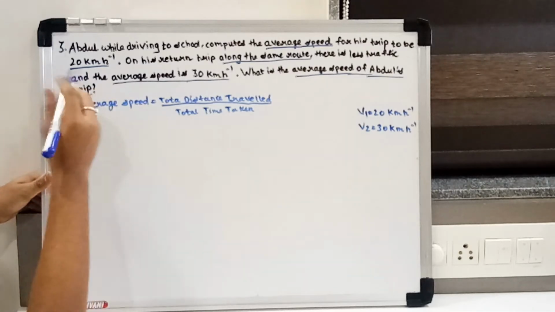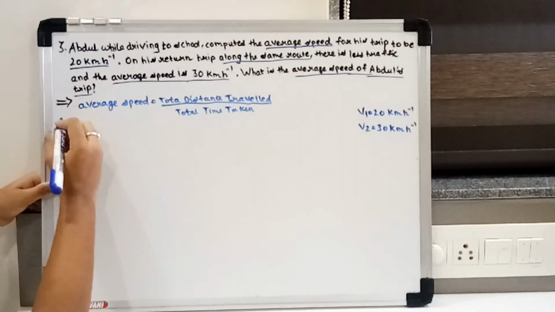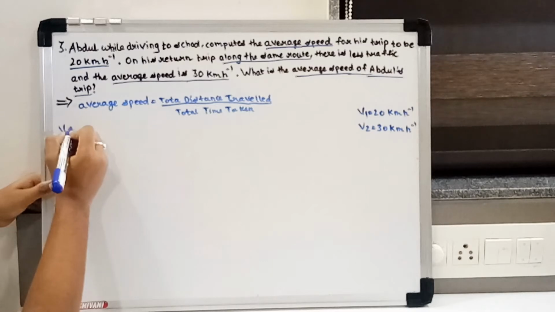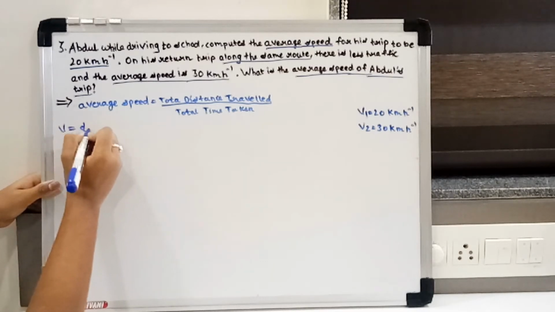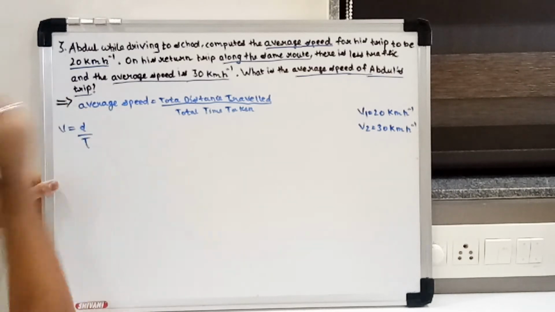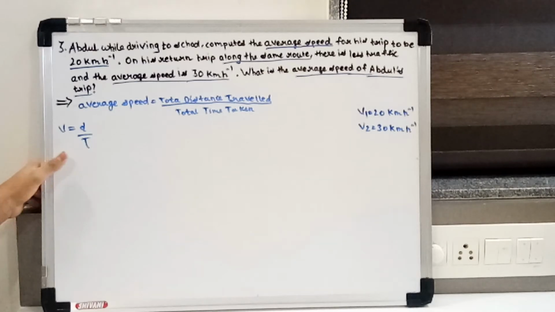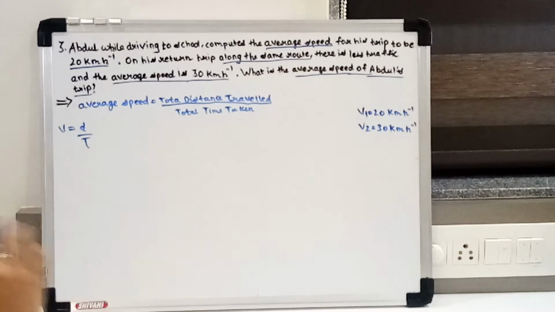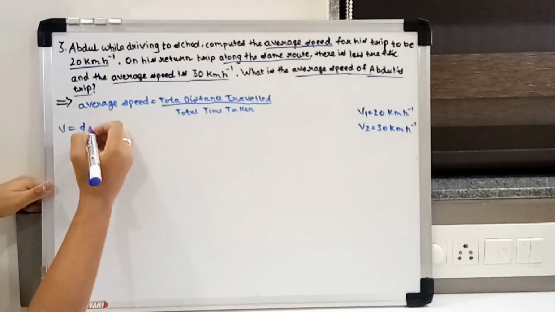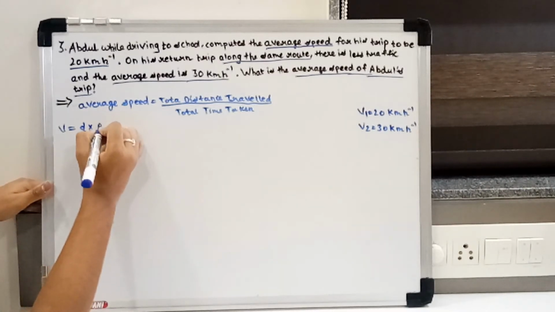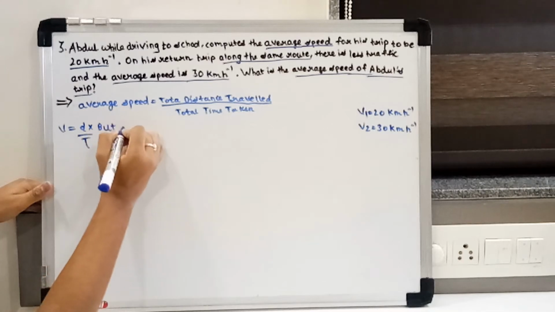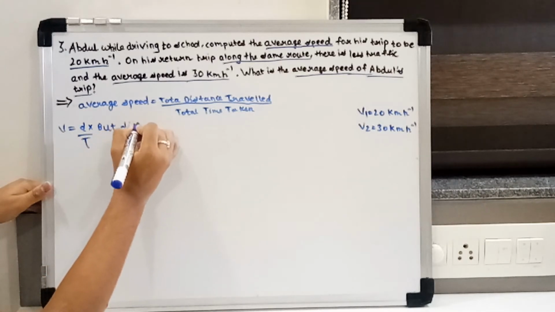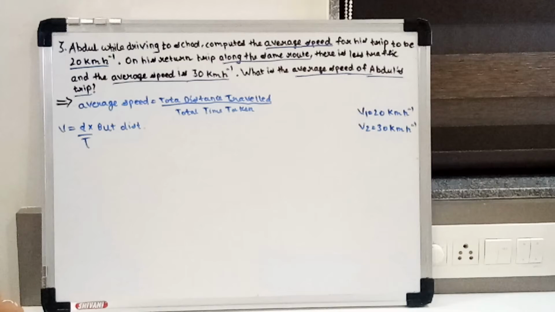There are two velocities, right? So we say velocity is equal to d upon t, where d is displacement and t is time. But for this question, consider that this d is not displacement but distance. Consider this for this sum only, not for the general case.